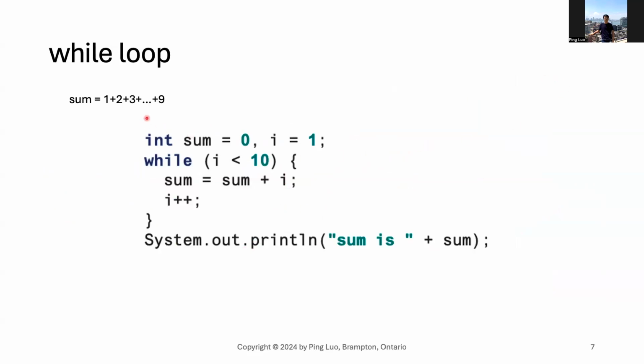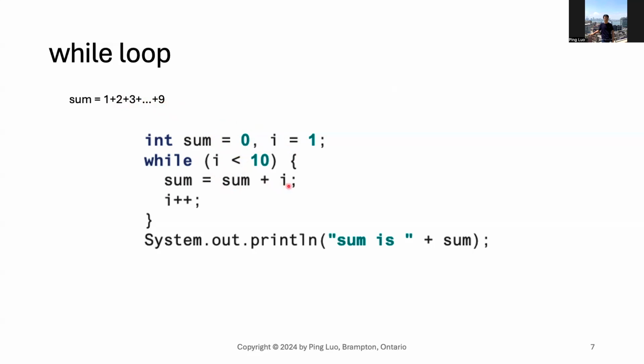Another example: if we want to add up 1, 2, 3, all the way to 9, we can use a while loop. This time, instead of count, I use the variable i to represent how many numbers have already been added to the sum. Because i is a counter, it is also the number from 1 to 9.